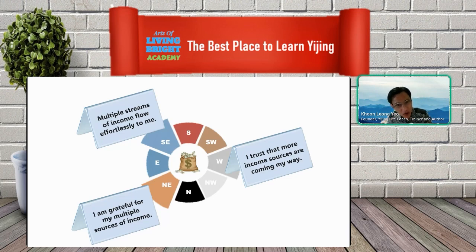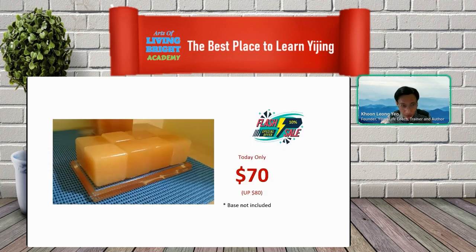Now, as I mentioned, for those who have been using these jade cubes and find that some of them are chipped off or spoiled or damaged or faded or whatsoever, and if you need to replenish, you can let me know. I don't sell, but I can get it for you. Because I can get in volume, I can get a better price. So if you want a set of 8, it is now $70.